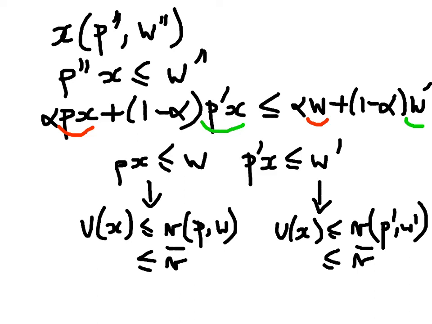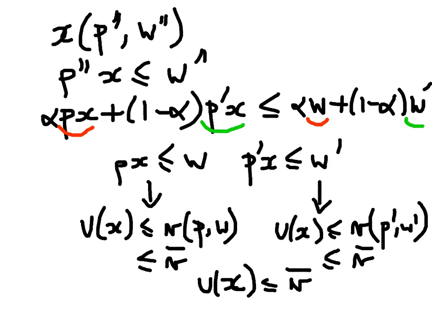So either way, we've shown that U of X, X being the bundle chosen at P double prime, W double prime, is less than or equal to that level. So we've shown that the bundle X is in the lower contour set.